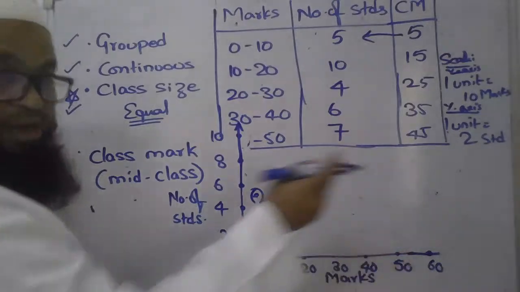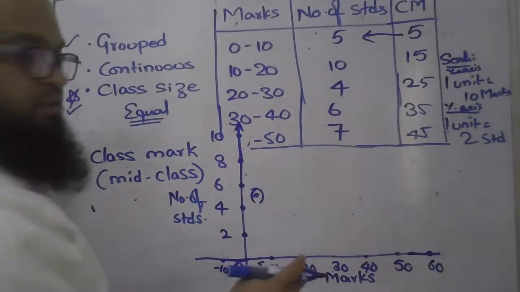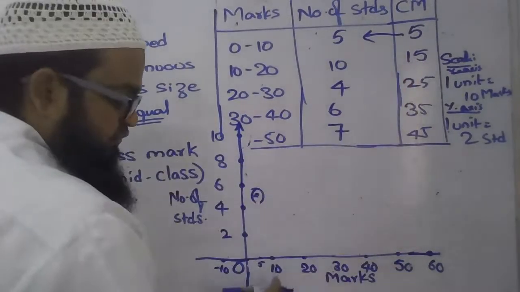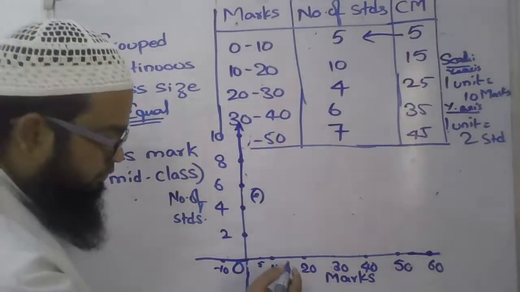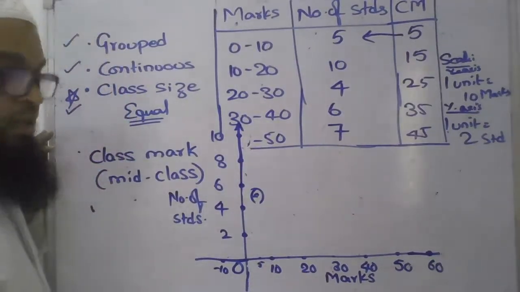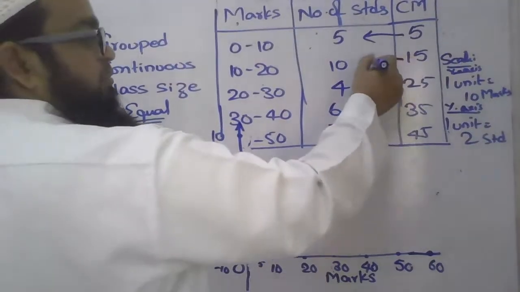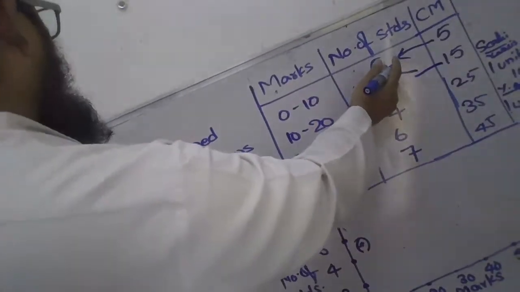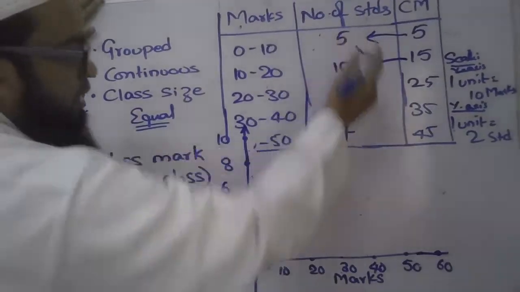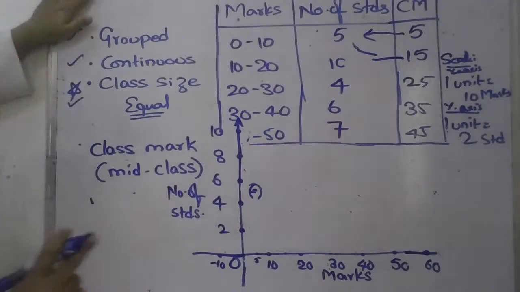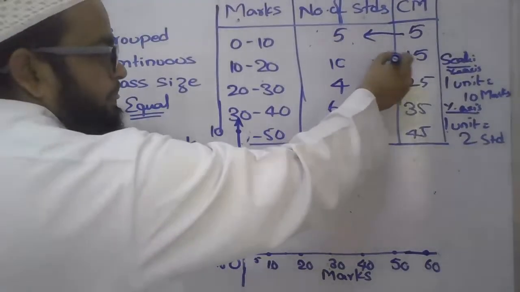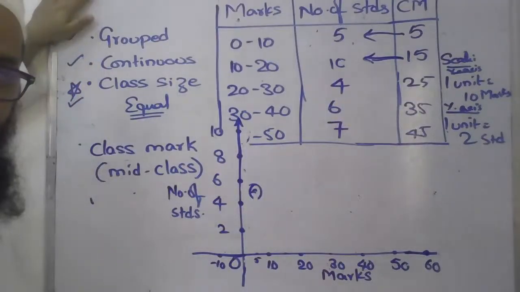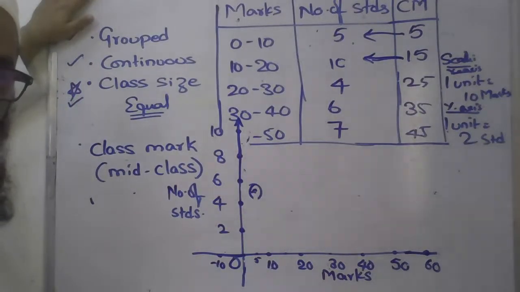What is the next one? I'll explain the next one, then you will understand. 15. Where is 15 on the x-axis? It is in between 10 and 20. So 15 is here. For 15, how many students? The number of students is 10.